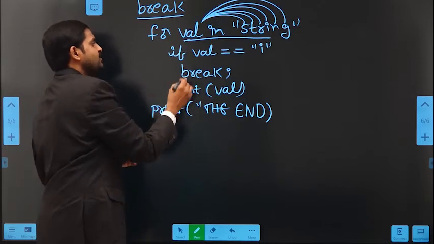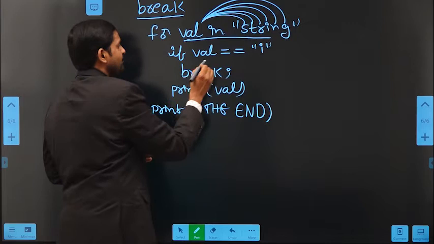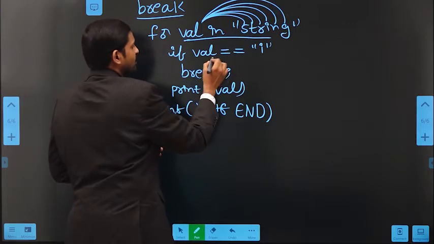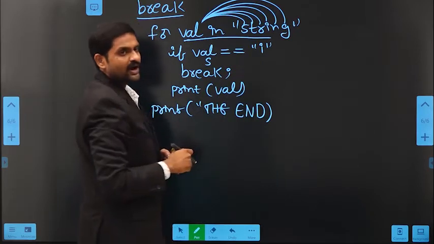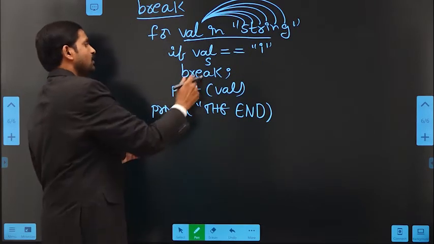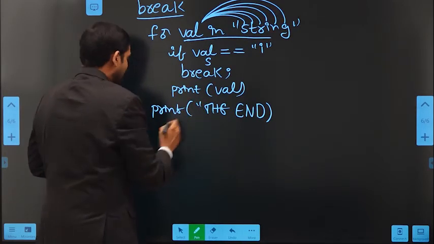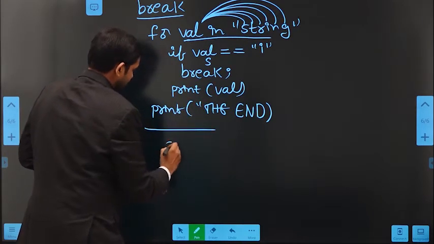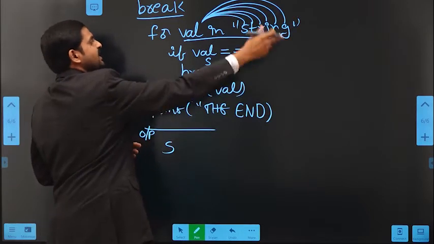In the first iteration, now val holds the S. Is it equal to I? No. So, it is not equal to I. So, it prints the value. Next, second iteration.